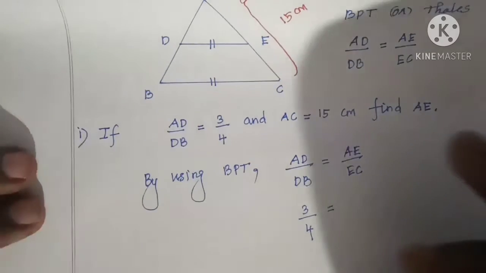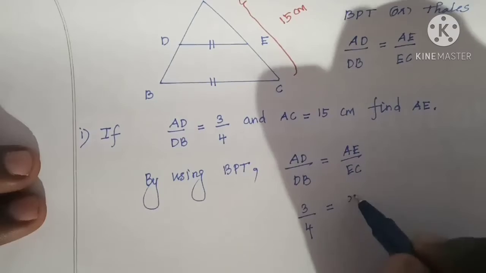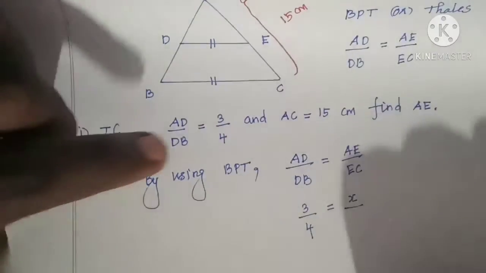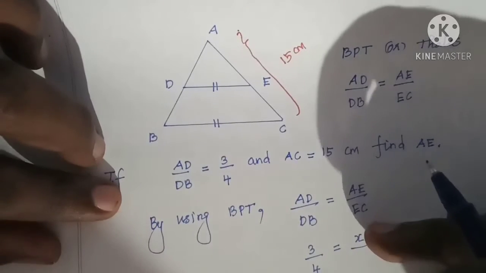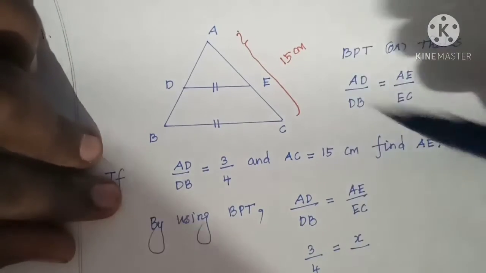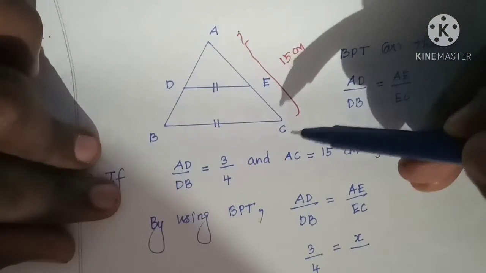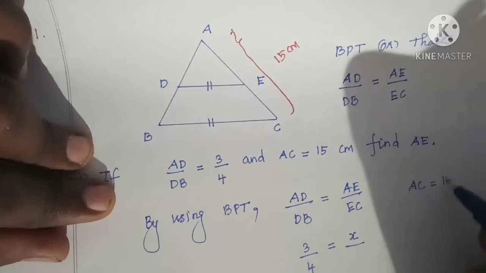This AD by DB is given, that is 3 by 4, and AE we do not know. So AE is equal to x. And what about EC? The total length AC is equal to 15.